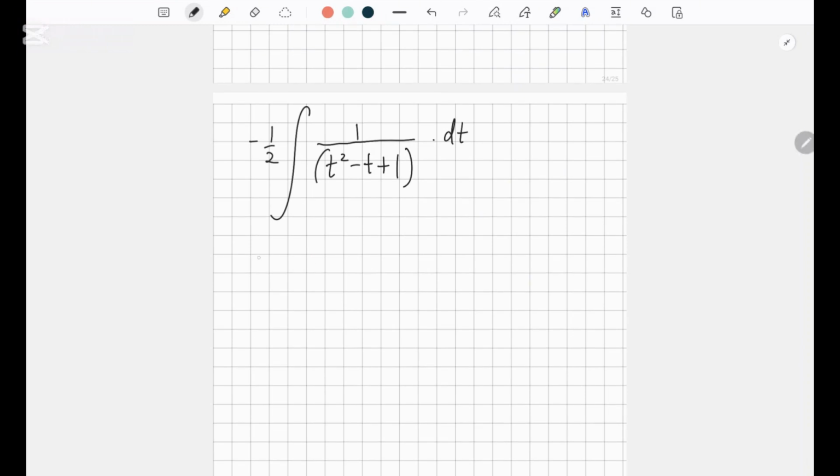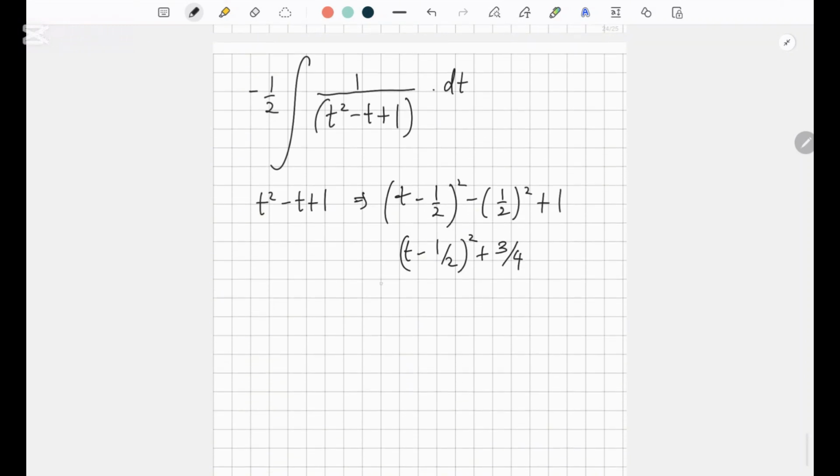So let's write t squared minus t plus 1 as t minus half squared minus half squared plus 1. So t minus half squared minus 1 over 4 plus 1 gives you 3 over 4, right?